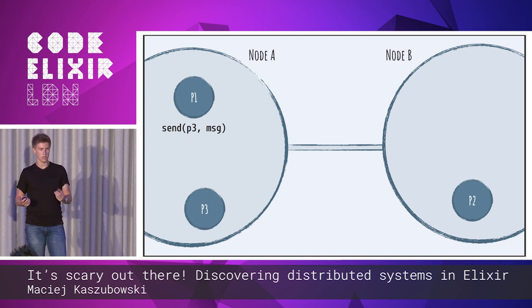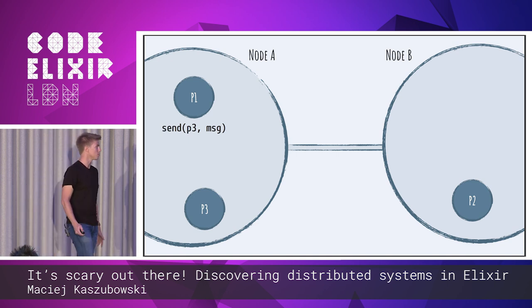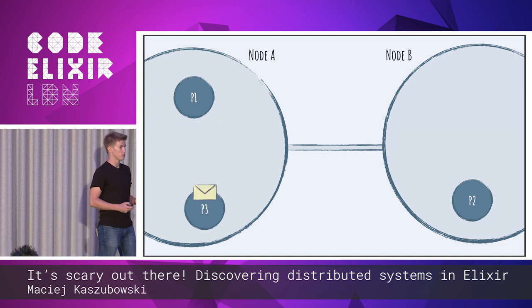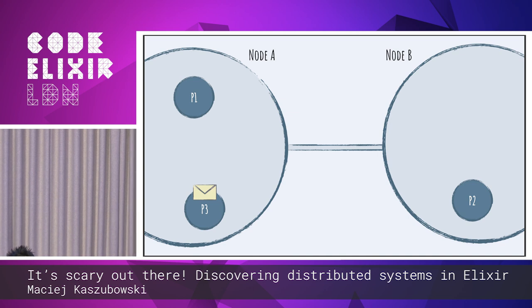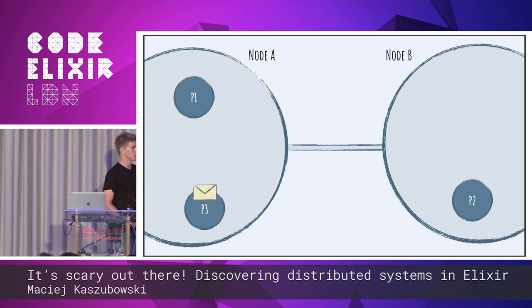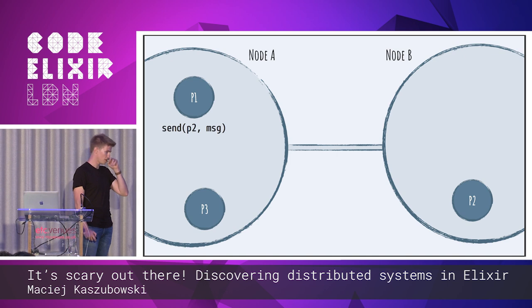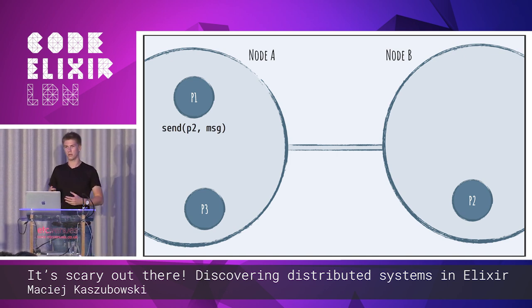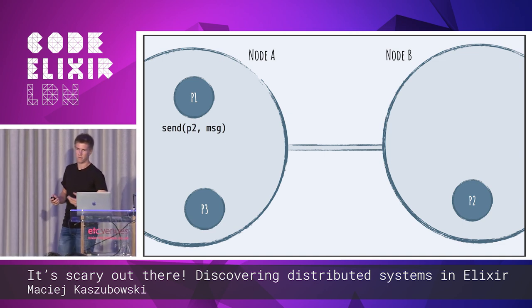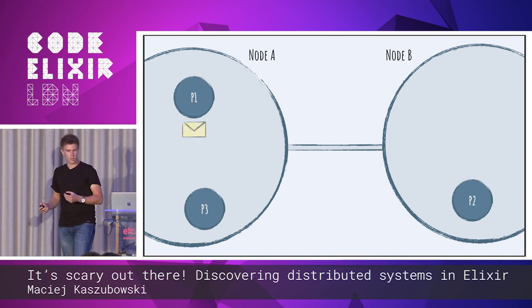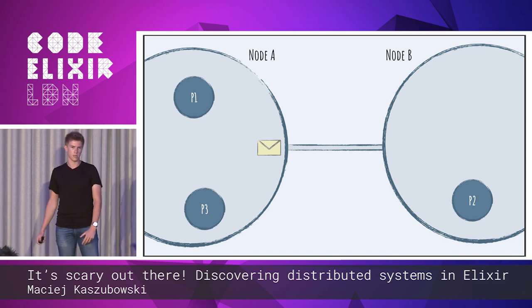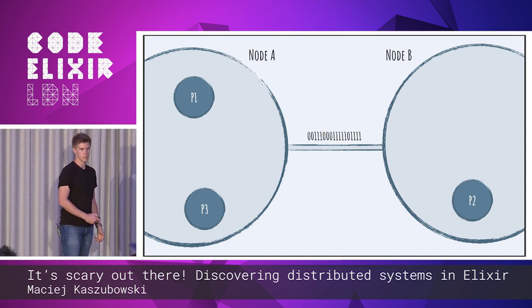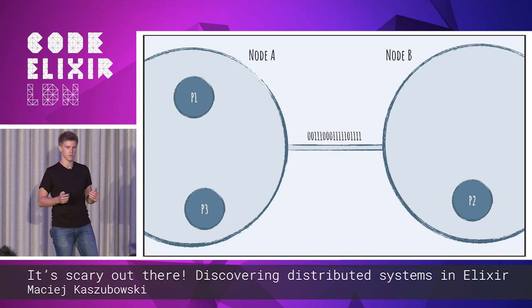And if the process is running on a local node, the message will be just copied to this process's mailbox, as always. But if the process is running on a remote node, the Erlang runtime will check which node the process is running on. It will take care of finding this node and choosing the correct node to send the message to. It will take care of serializing the message into a binary format.